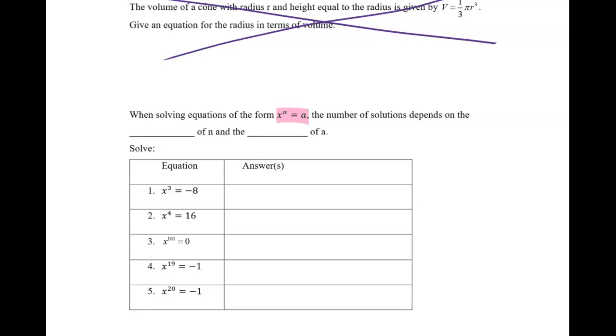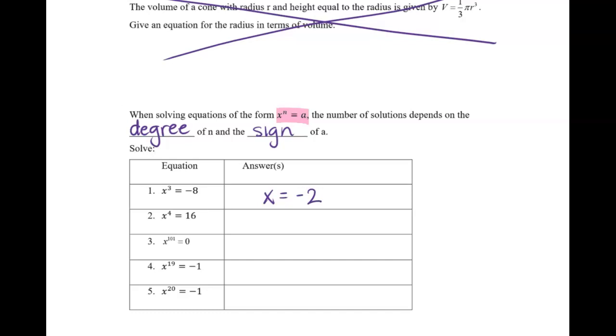The number of solutions depends on the degree n, what the power is, and the sign of a, or the number. So if we have x cubed equals negative 8, we're really asking the question, what to the 3rd power equals negative 8? So x equals -2, because that's the only thing you can cube to get -8.